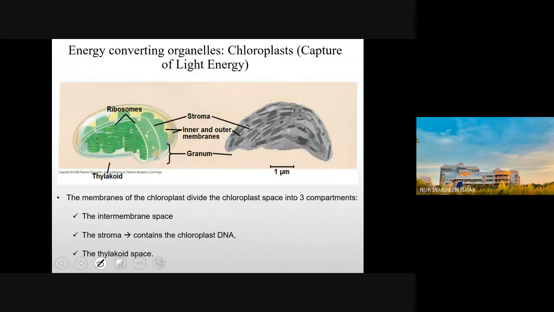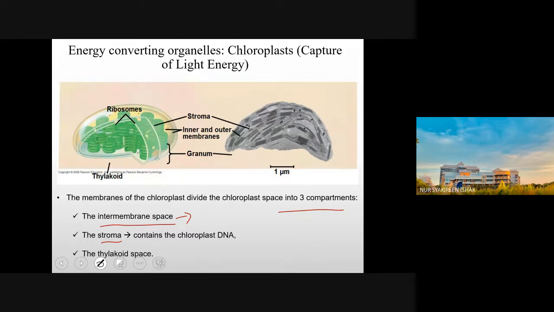So the membranes of the chloroplast divide the chloroplast space into 3 compartments, okay, which is the intermembrane space. Intermembrane space dia tak terlibat directly dalam any of the stages of photosynthesis. Tapi kalau stroma ada, yang tadi saya cakap dia adalah place where the Calvin cycle or the dark reaction occurs.